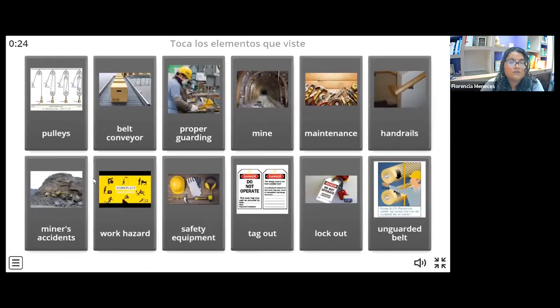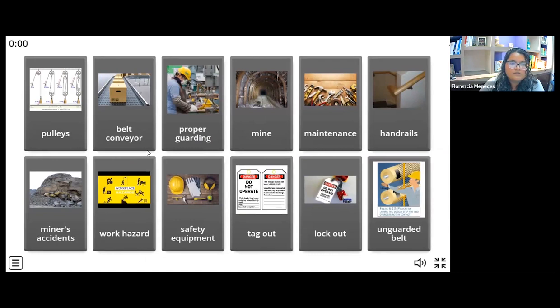Okay, so these are the vocabulary, specifically these words that we're going to focus on for this new module, okay? So that you have an idea of what we're going to work on later, okay? So all of these elements that we have seen, okay?